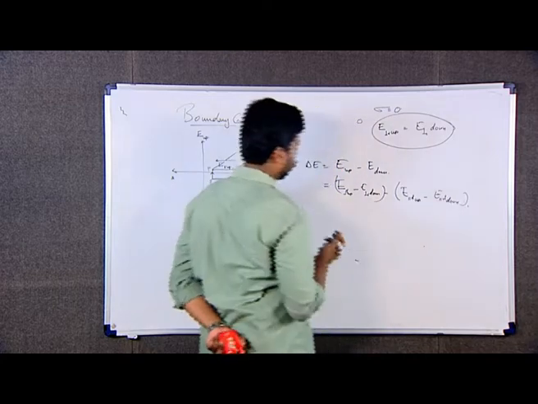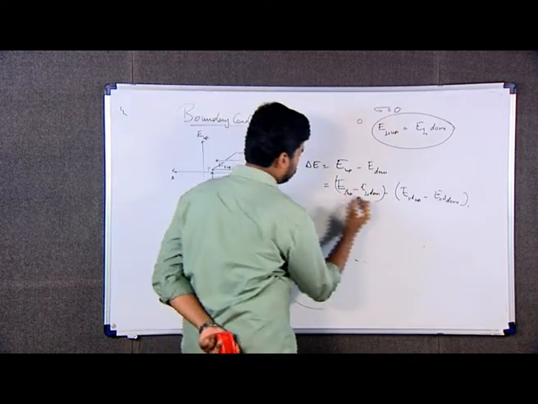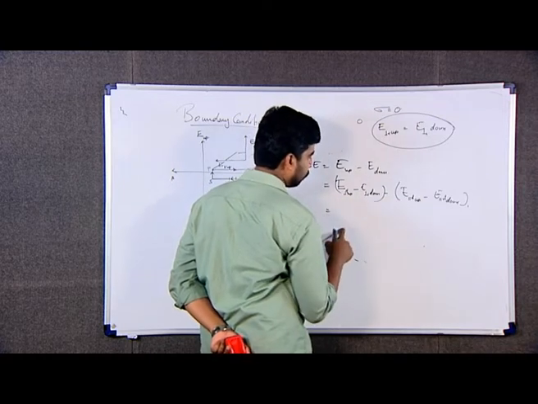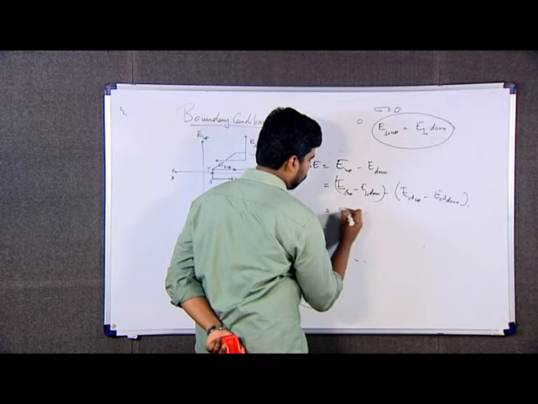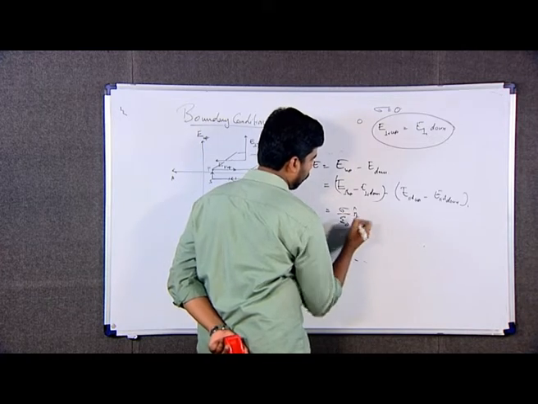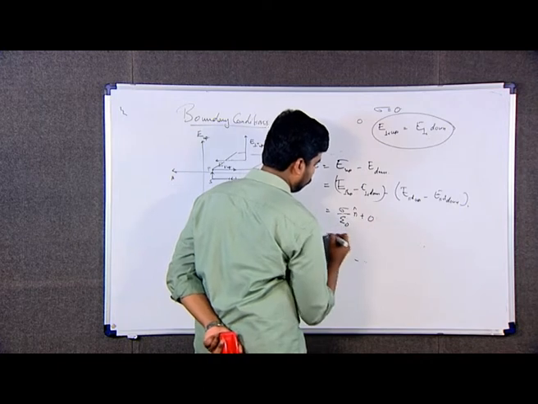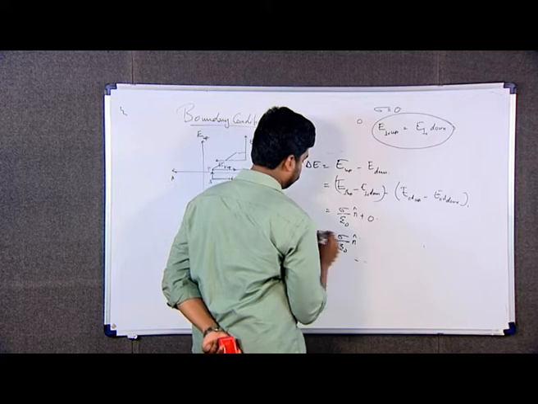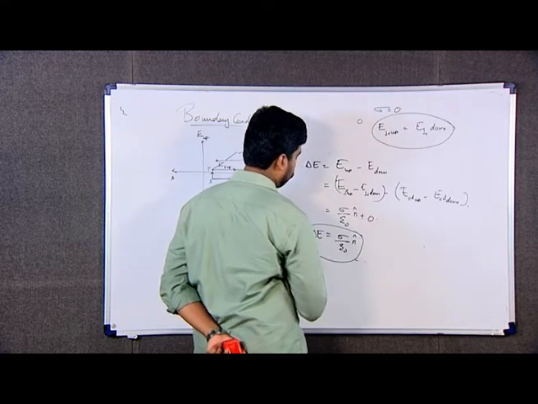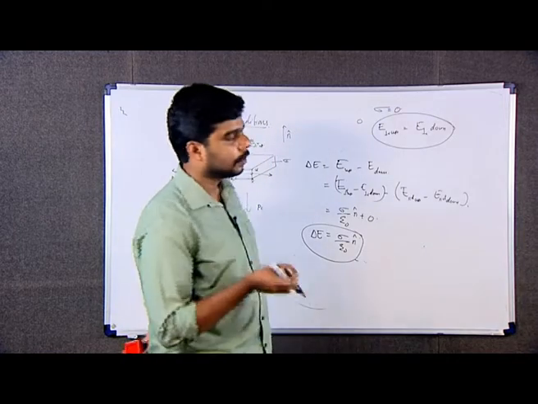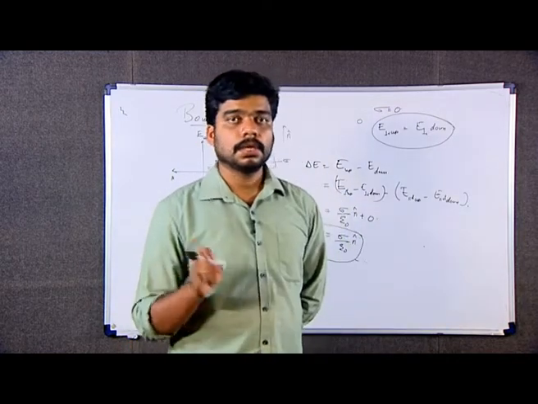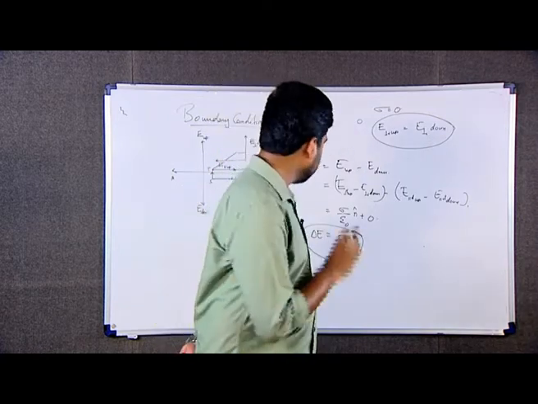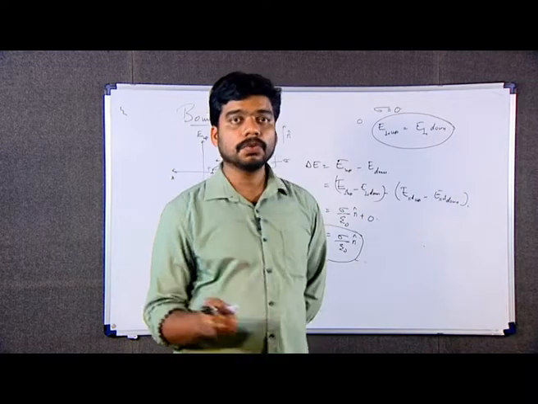This was our equation. So what we will get is E perpendicular up minus E perpendicular down is equal to sigma by epsilon 0 into n cap plus 0, which will give you sigma by epsilon 0 into n cap. This is the boundary condition for E if the surface charge density is present. If sigma is absent, then sigma is equal to 0, then delta E is equal to 0.